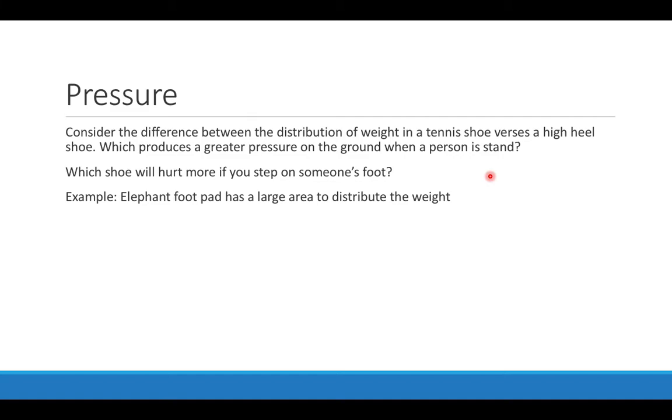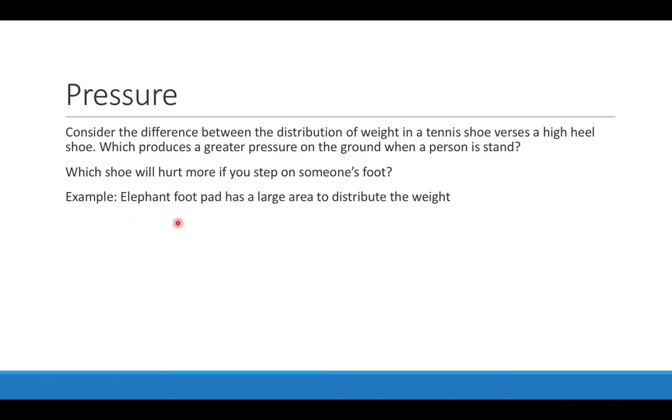If you've ever been with someone wearing high heel shoes and they accidentally stepped on your foot with the heel of the shoe, it's going to hurt a whole lot more than if somebody stepped on it with the heel of their tennis shoe, because that force is distributed over a much smaller area, giving greater pressure.